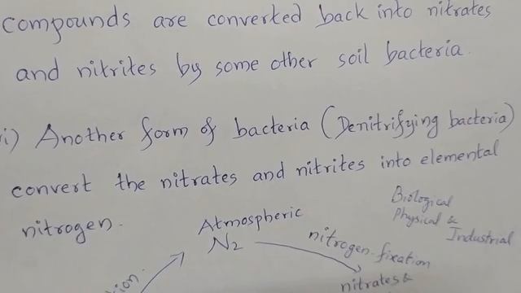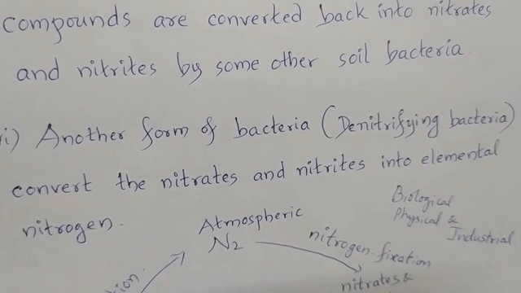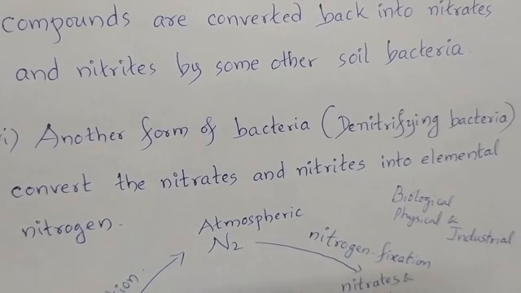What is happening after the nitrates and nitrites are taken up by the plants? Initially, plants are converting nitrates and nitrites into amino acids. These amino acids are utilized to prepare proteins. Apart from making proteins, in some other biochemical pathways, the nitrates and nitrites are utilized to make nitrogen containing complex compounds.